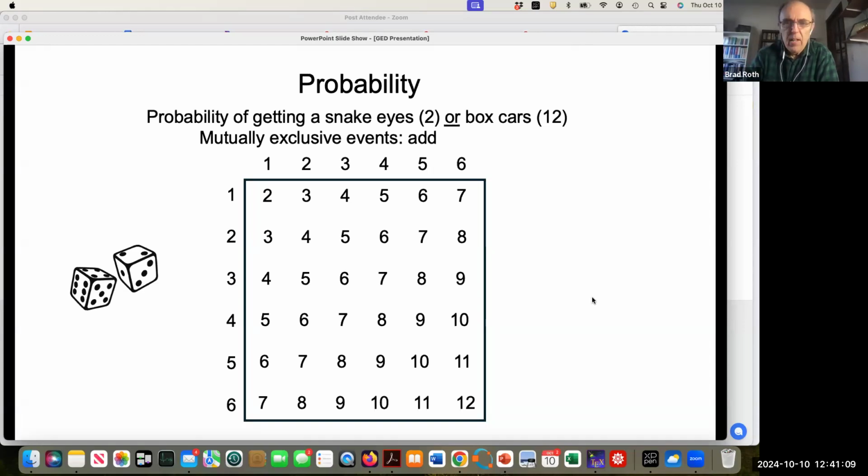So when you have 1 chance out of 36 to get snake eyes and 1 chance out of 36 to get boxcars, when they're mutually exclusive events, if you want to know the chance of getting one or the other, you just add the two. So you get, in this case, 1/36 plus 1/36, or you get around 6%. Usually when you're dealing with mutually exclusive events in probability, the word "or" comes in.